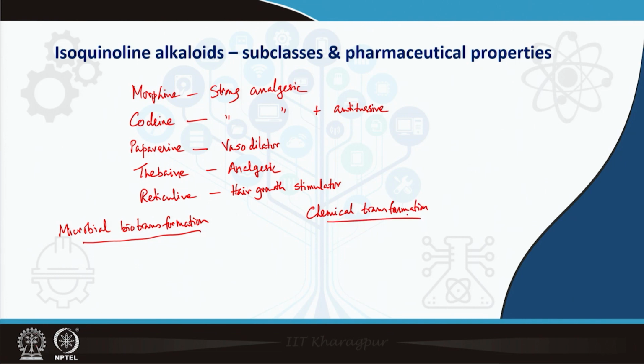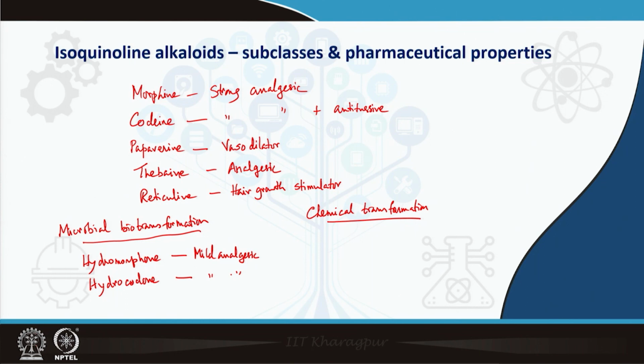So, microbial biotransform products are hydromorphone. Morphine can be transformed into hydromorphone, which is also a mild analgesic. Similarly, codeine can also be transformed into hydrocodone, which is also used as mild analgesic in the pharmaceutical preparation.